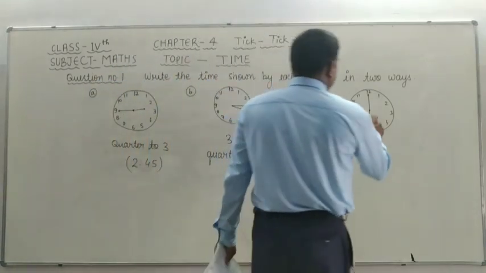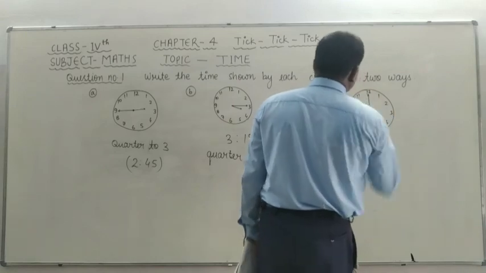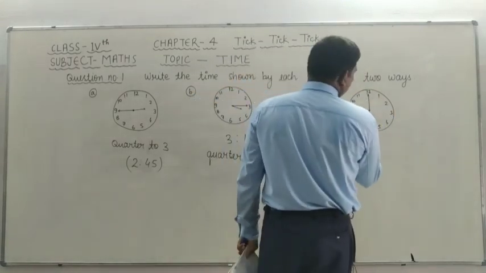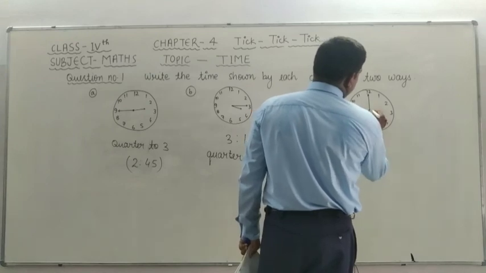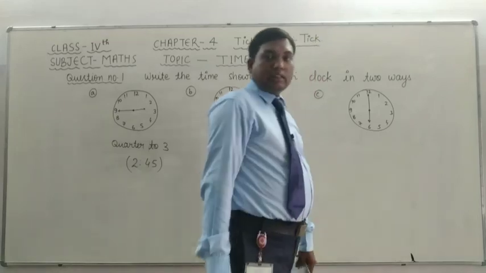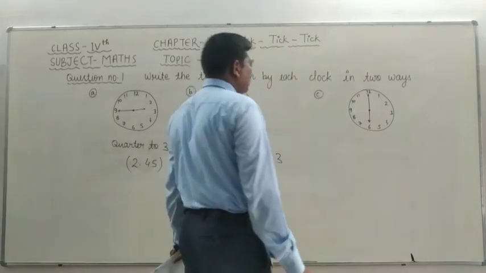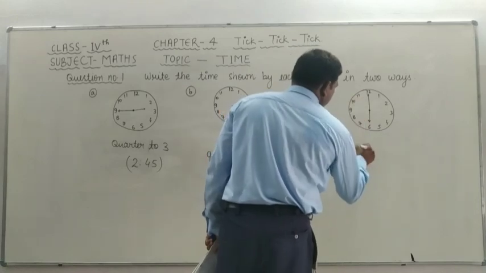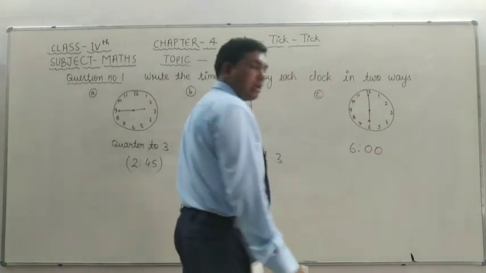Similarly, in this figure, the hour hand is exactly at 6 and the minute hand is exactly at 12. Therefore, the time is 6 o'clock.